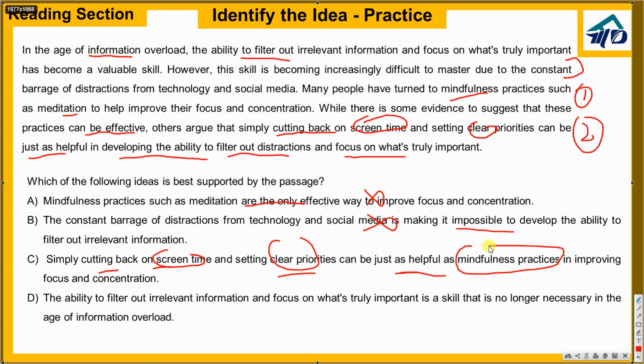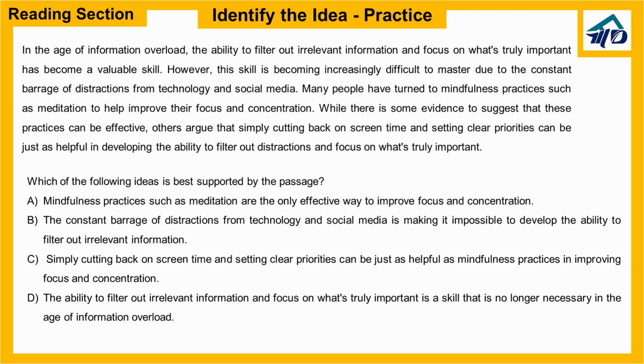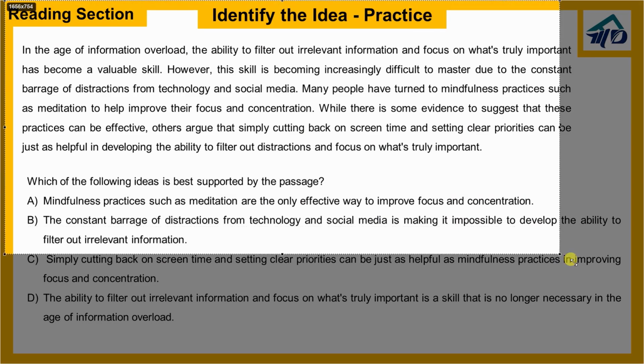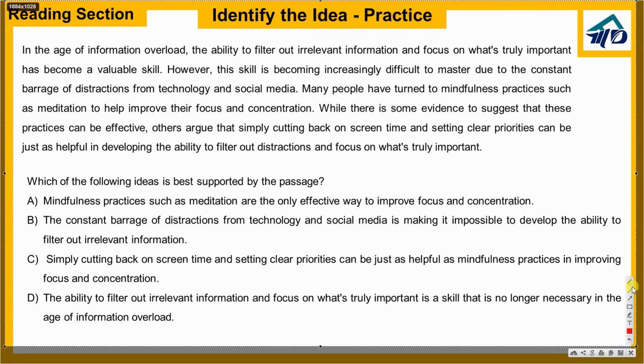Where was this suggested? Okay, I'll just highlight the points again. In this passage they have suggested these two can be the solution, this one and this one, and both are mentioned here and here. So this can be my answer.